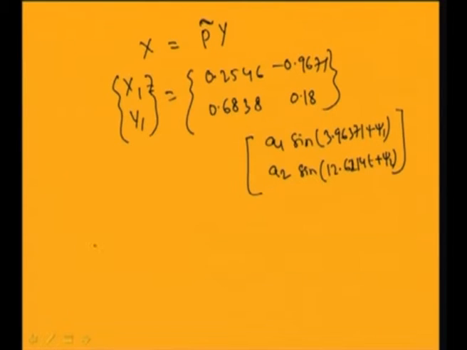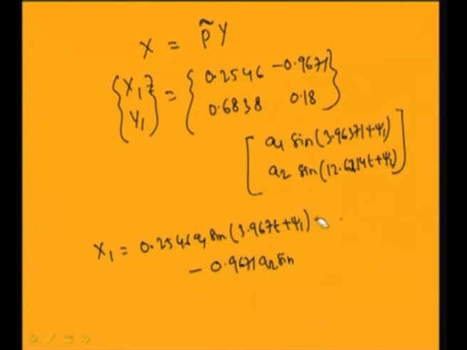So from this you can obtain x1 equal to 0.2546 a1 sin(3.967 t plus psi 1) minus 0.9671 a2 sin(12.6214 t plus psi 2).